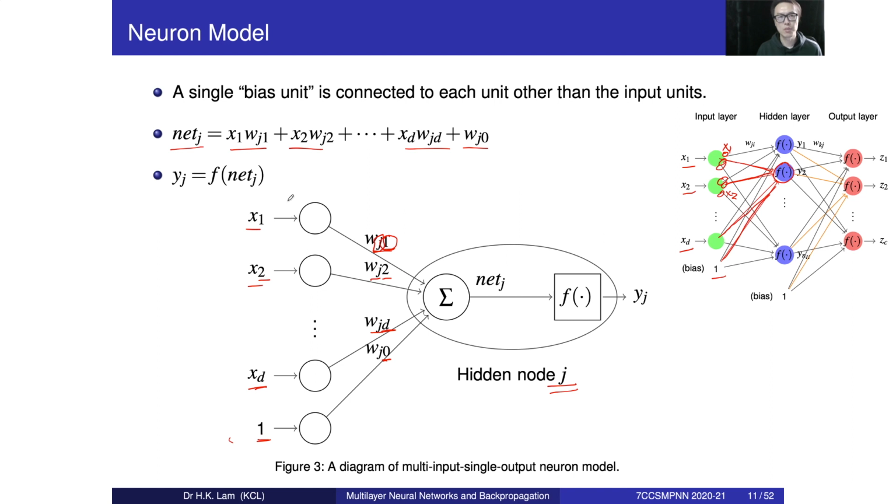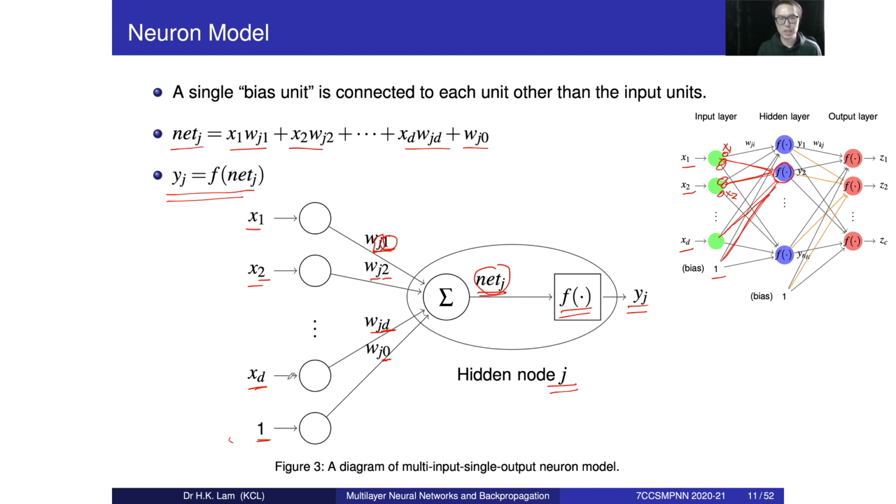Once we obtain net j, we further process this value by passing it through the activation function f. We are going to define what this activation function is. So y_j can be represented in this compact form: y_j is a function of net j, and net j relates to x and w as well as the bias.